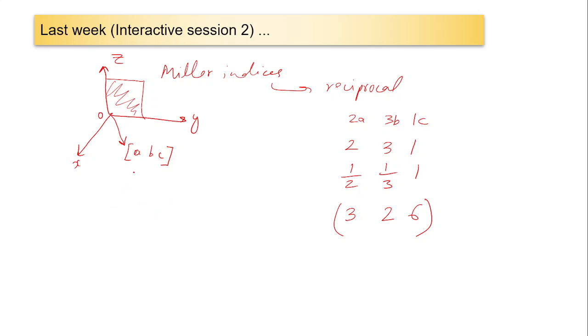When we have a family of directions, for example, this red direction is say 110, because it's cutting here at 1, cutting here at 1, and not cutting in 0, so 110.